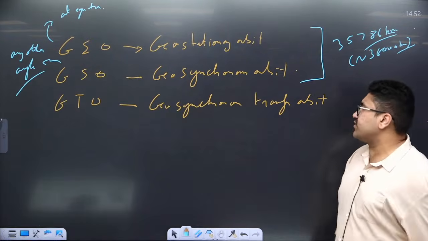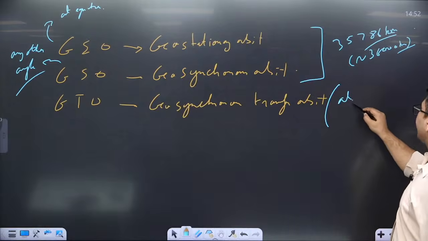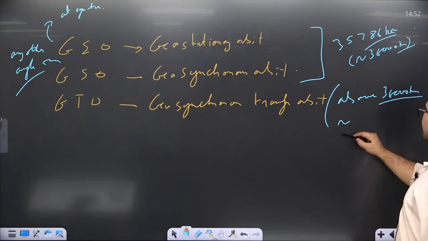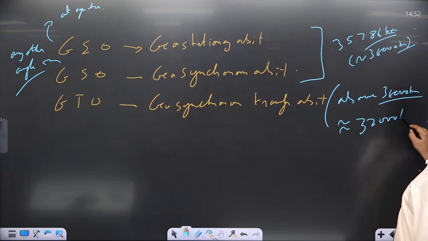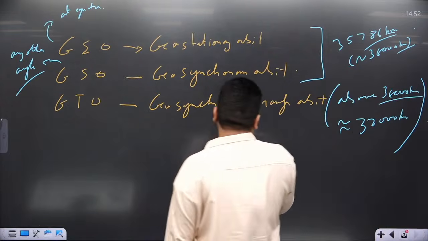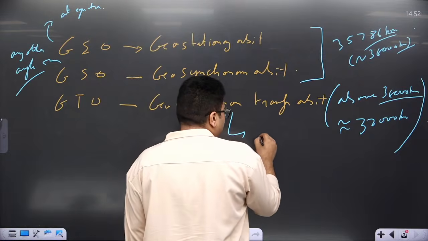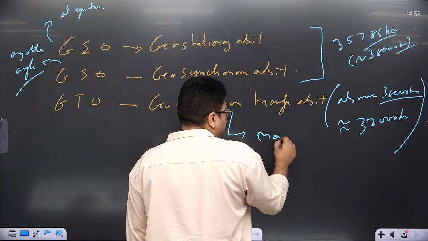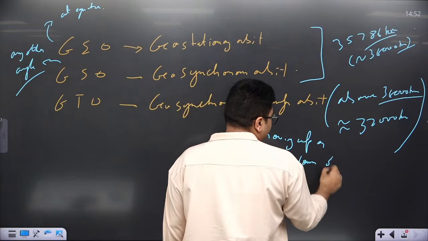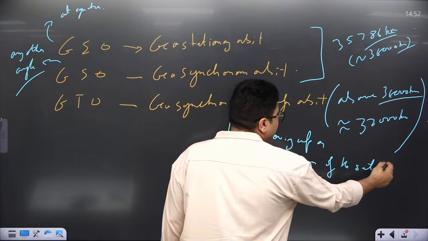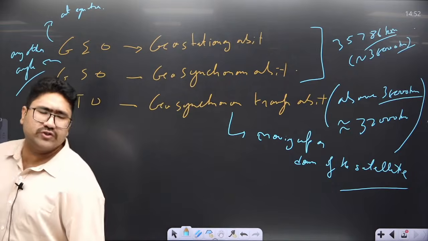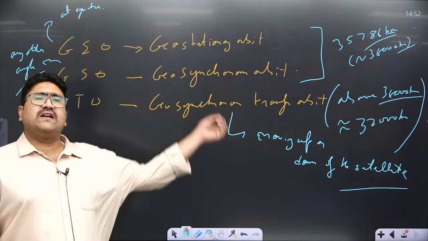Whereas geosynchronous transfer orbit is above 36,000 kilometers. It is approximately at 37,000 kilometers and it is responsible for either moving the satellite up or down. If the satellite has to jump up or has to jump down, then we use geosynchronous transfer orbit, which is at 37,000 kilometers.